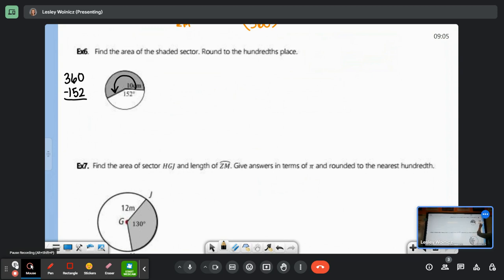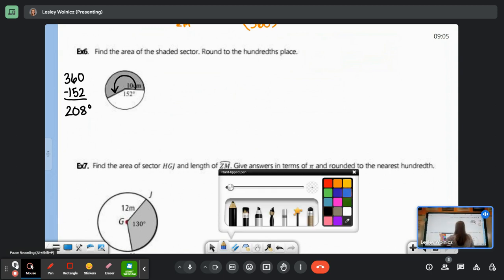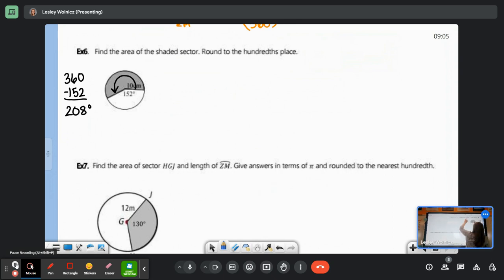That's 208. Okay, so now we can just use the formula. Radius is 10. I'm using 208 of the 360 degrees around the circle.